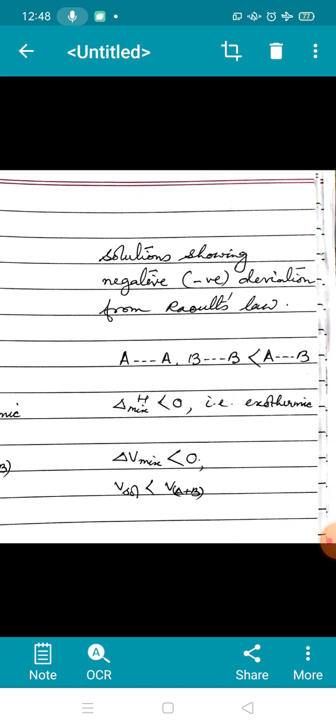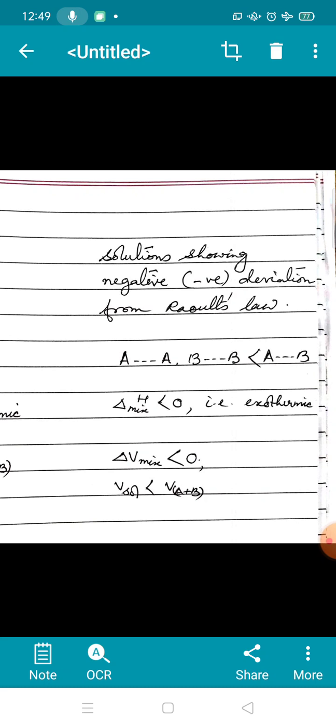So you see, if 10 ml of A and 10 ml of B is mixed, what is the expected final volume? The final volume is expected to be 20 ml. But in reality, how much did you get? 19.8. Now, if you take the difference, 19.8 minus 20, how much do you get?